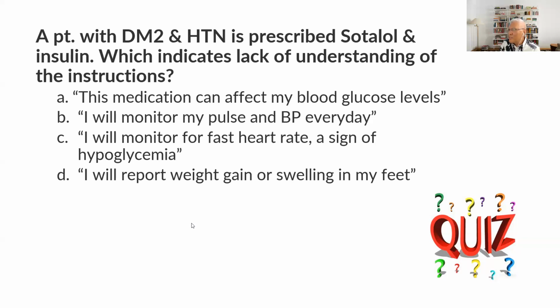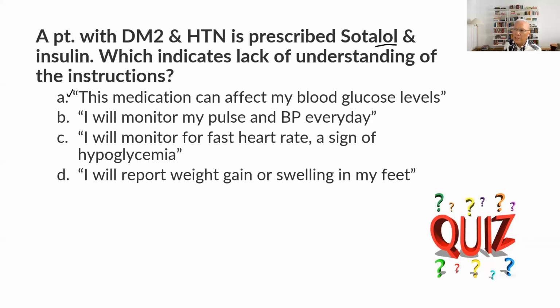Any response? Okay, great. All right. So let's take a look at the options here. We're looking at a lot of understanding. So a patient with diabetes type 2 and hypertension is prescribed sotalol, which is a beta blocker, and insulin. So this medication can affect my blood glucose levels.